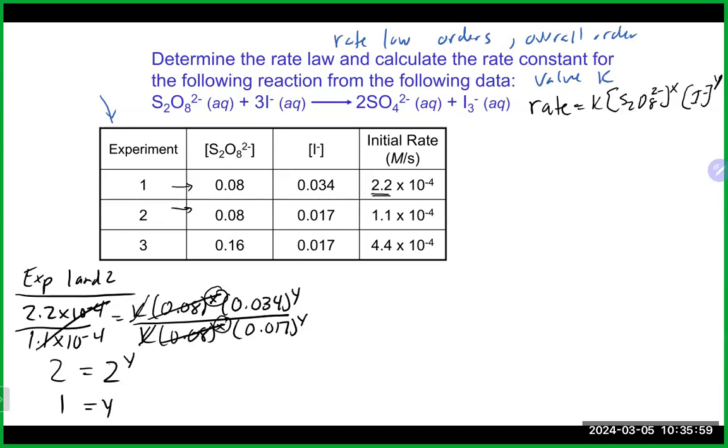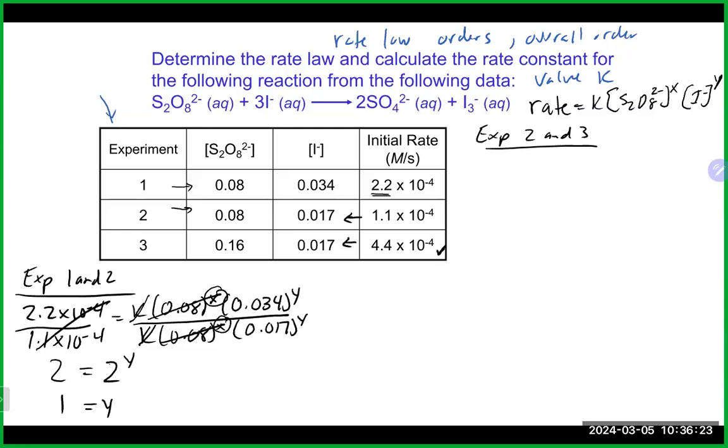We are then going to go back into our table now and keep the I minus constant while varying our first reactant. And it looks like we could do that with experiments 2 and 3. We'll keep that guy constant and vary the others. So looking at experiments 2 and 3, again choosing the larger rate here to put up on top.